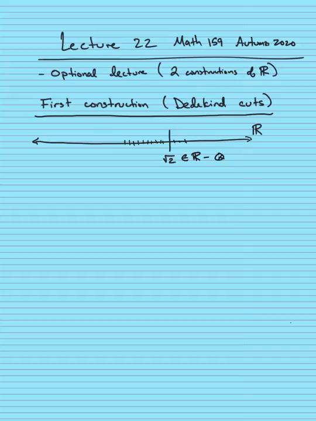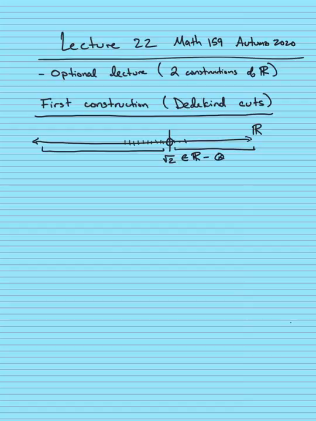And the idea of Dedekind cuts is to think of this hole not really as a hole in the rational numbers, but as defining two subsets of the rational numbers, okay?